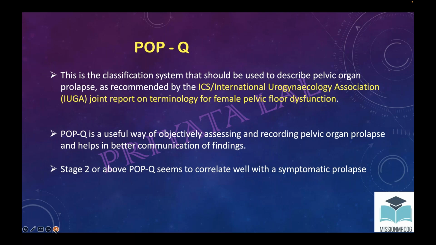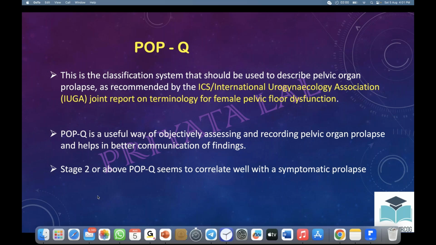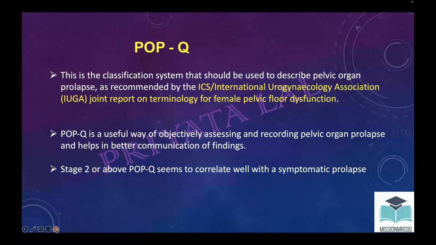It is a standard way of measuring and quantification, and if the POP Q is stage 2 or above, then the patient will have a symptomatic prolapse. For Part 2 people, this can be an SBA. They can ask you above what stage of POP Q the prolapse could be symptomatic, so it will be stage 2.